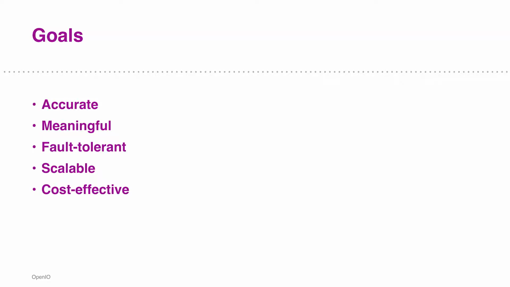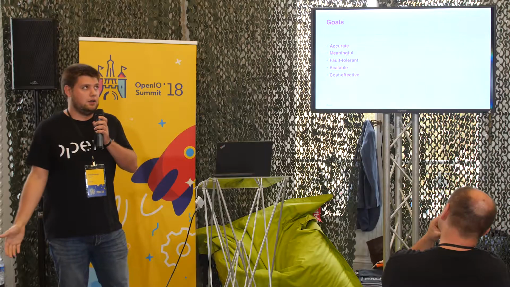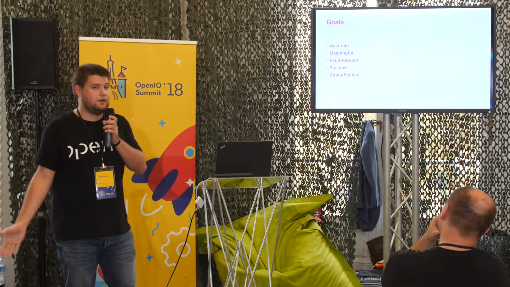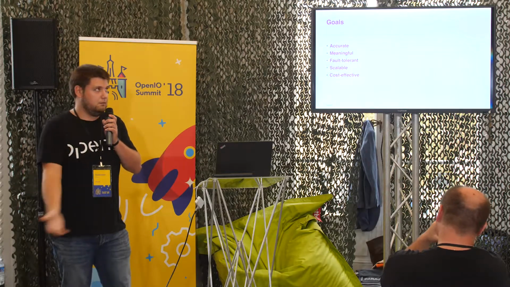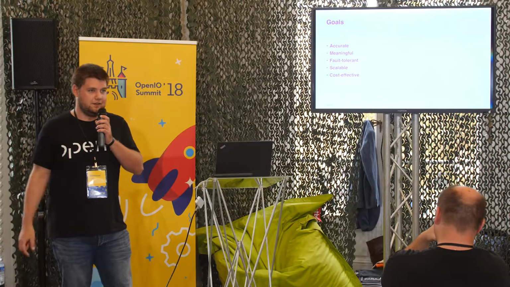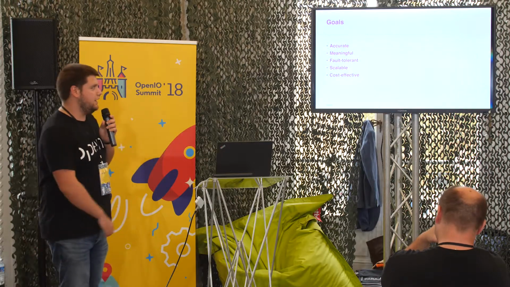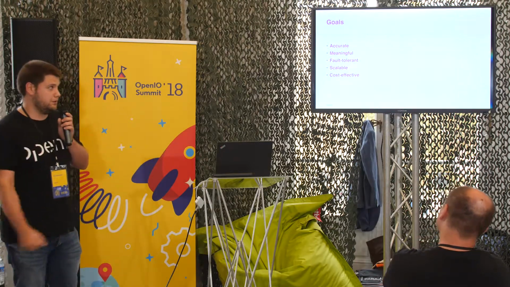So the 5 goals we want to achieve for our monitoring system would be something like this. The system must be accurate. We need to measure precisely all aspects of storage, both coming from generic metrics and checks, which can come from the hardware and all layers, for example SMART metrics, capacity, network bandwidth, etc., as well as from our own software.